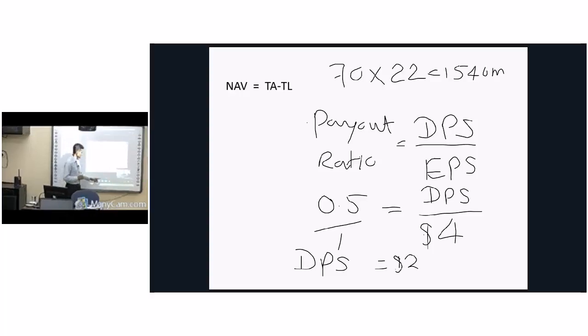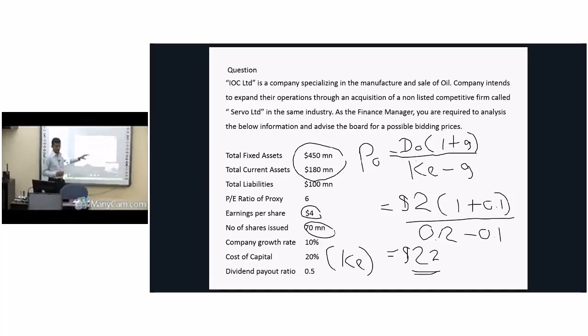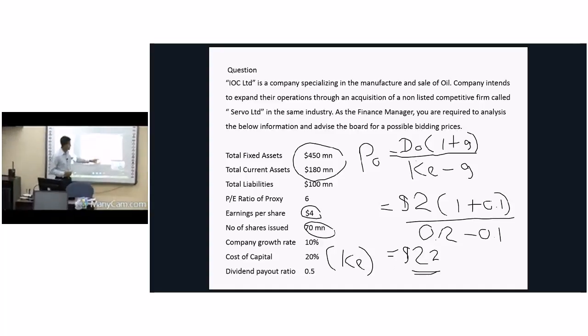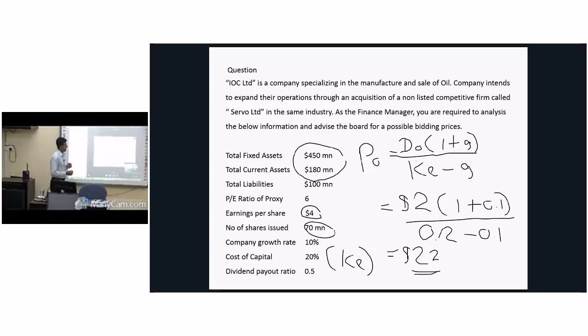We discussed in the last class, this is a mathematical model. It is like an annuity where we are going to get the dividends forever, and if we discount it in this way, this is the present value of that entire future cash flows. So you know the maximum amount that you should pay.